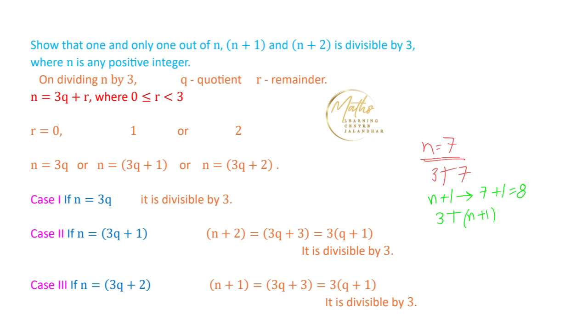If we calculate n plus 2, we have 7 plus 2 equal to 9, and 3 divides 9. So this is what we have proved in general: if we consider any positive integer n, then one of the numbers n, n plus 1, or n plus 2 is divisible by the number 3.